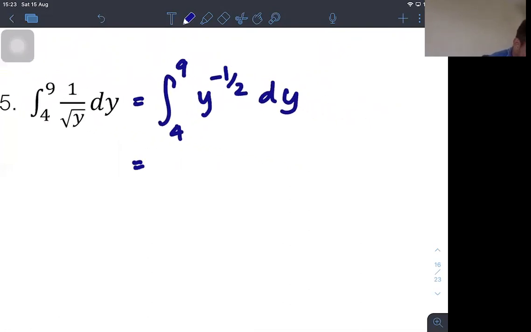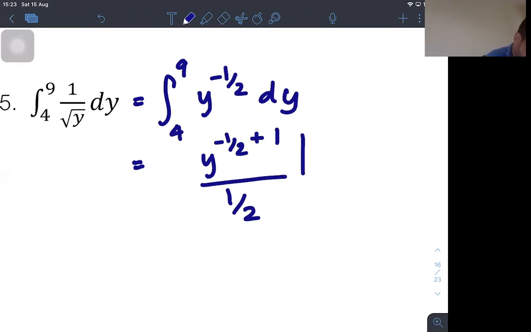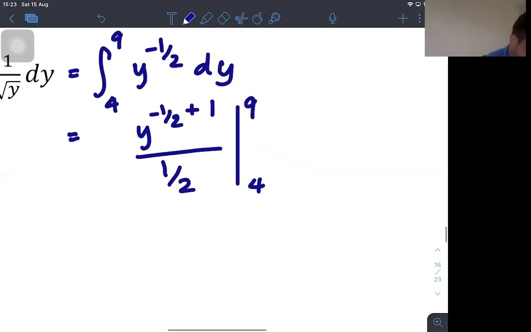Then we integrate this function. So y to the minus 1 over 2 will have 1 added to the power, and that would give you 1/2, right? And we bring the 1/2 to divide. Then we still need to consider the lower and the upper limit, 4 and 9, okay?